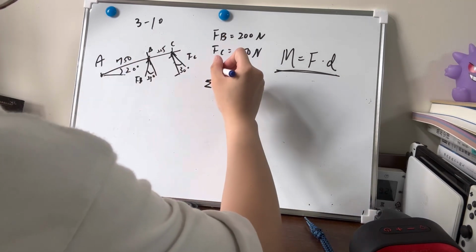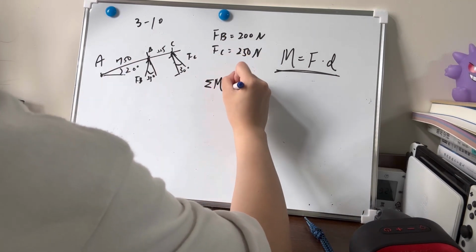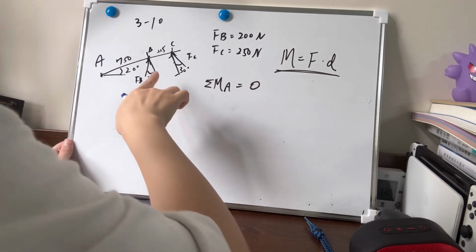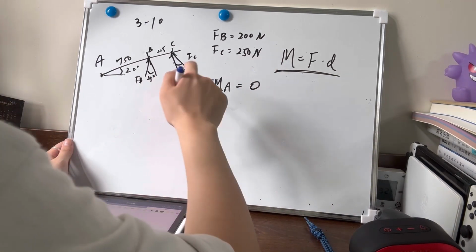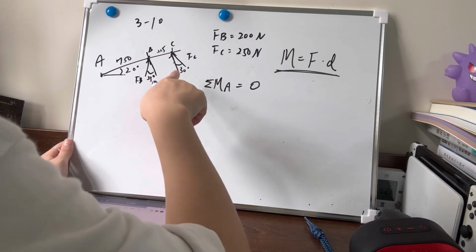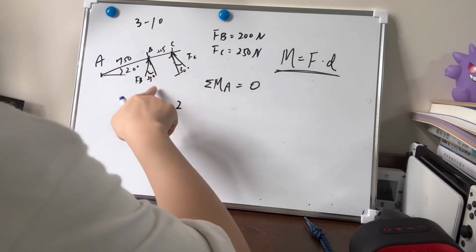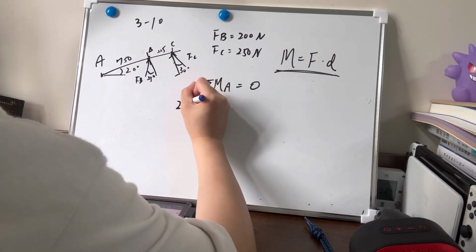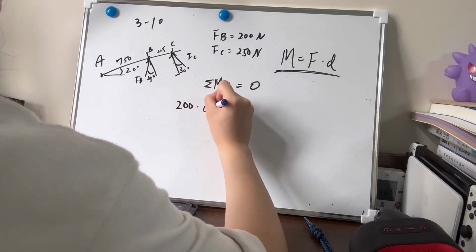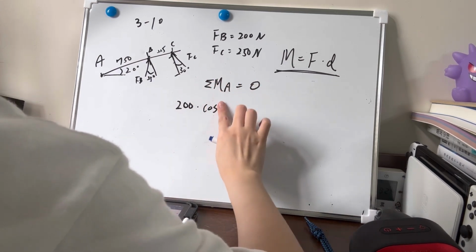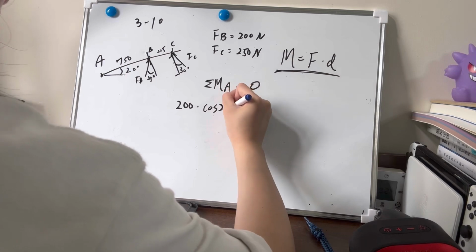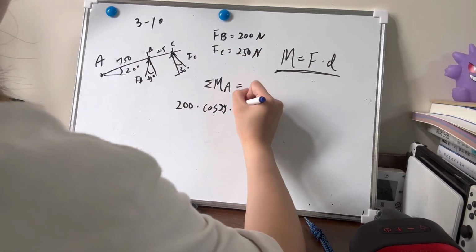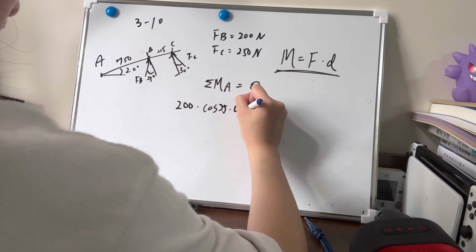If the summation MA is equal to 0, and there's two forces, like force B and force C. So we start at force B, times cosine 25, and the distance is 0.75.